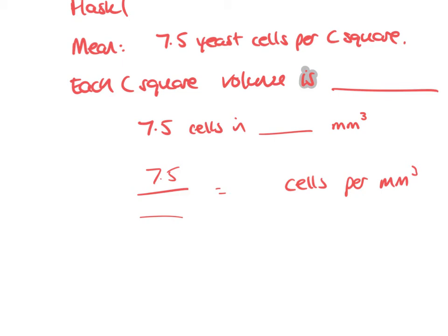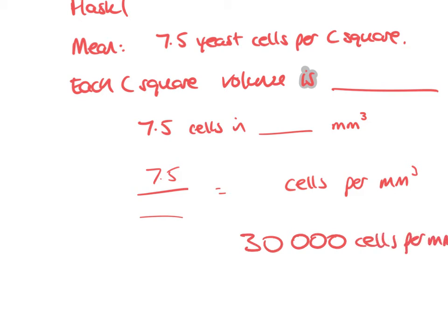So you might get a figure like, let me just get my calculator here. So say you got 30,000 cells per millimeter cubed.